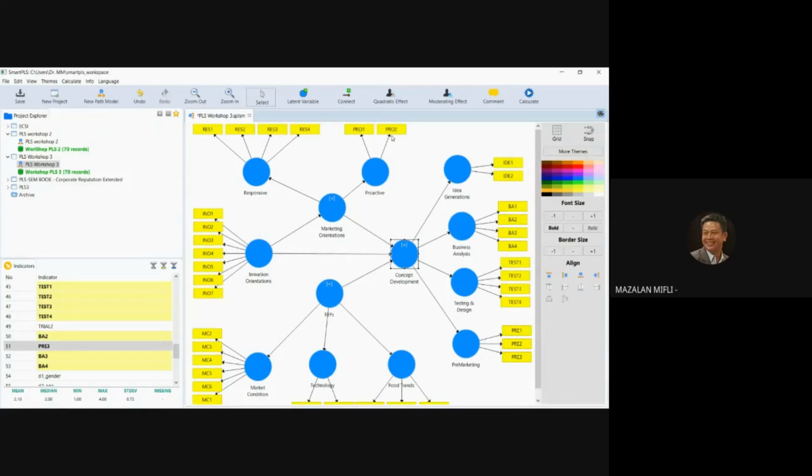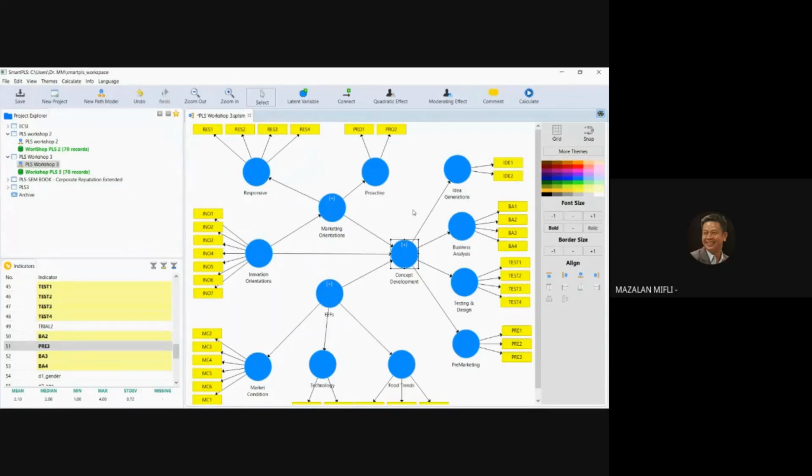Actually there are more, but when I conducted the factor analysis in SPSS, the best components that I was able to retain are like this, along with their indicators, in other words, their questionnaire items. So that's basically what I derived from my factor analysis in SPSS. I used principal component analysis.